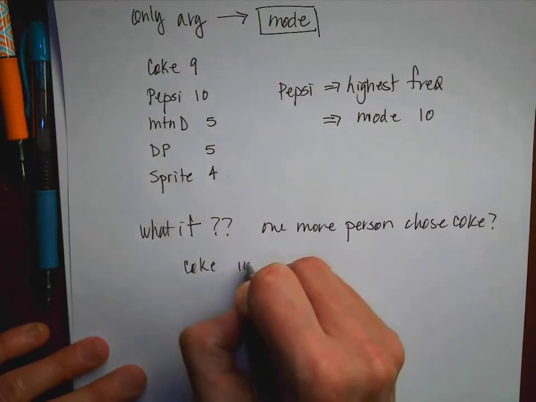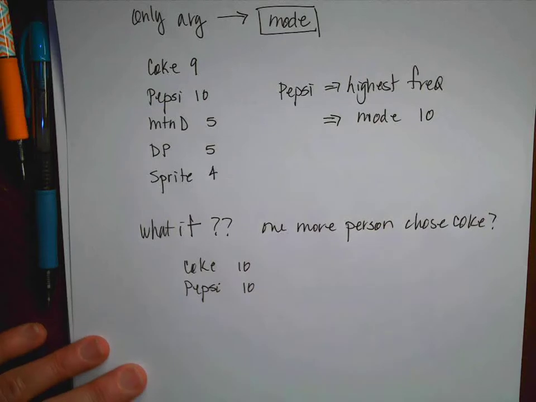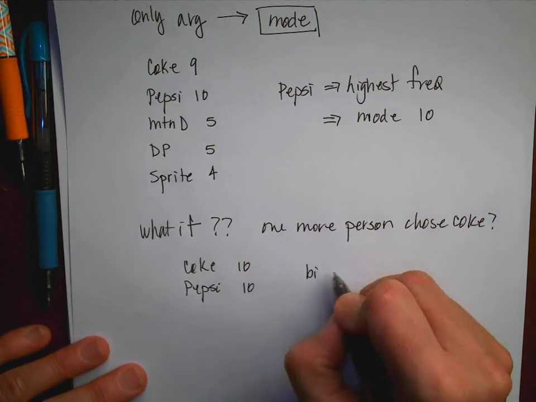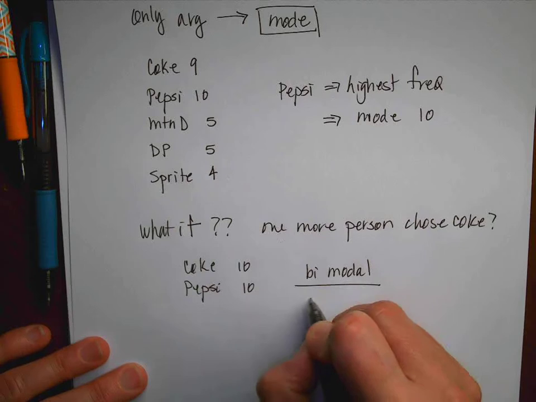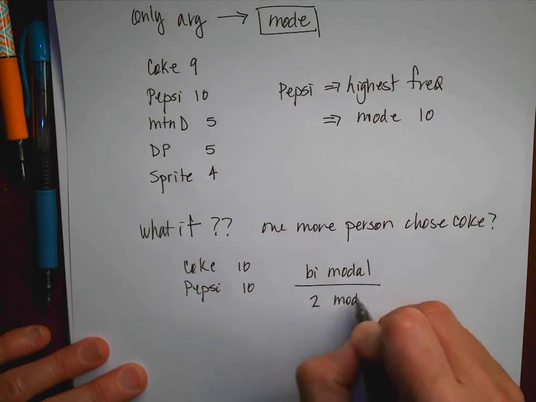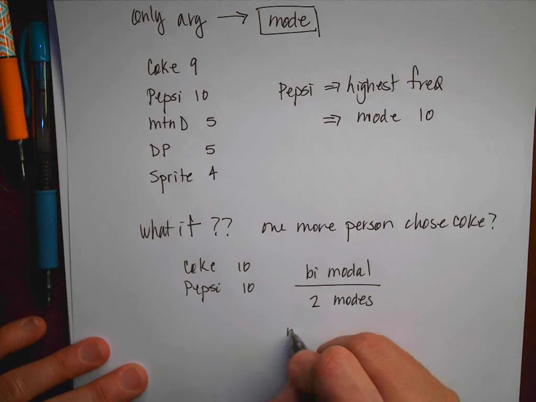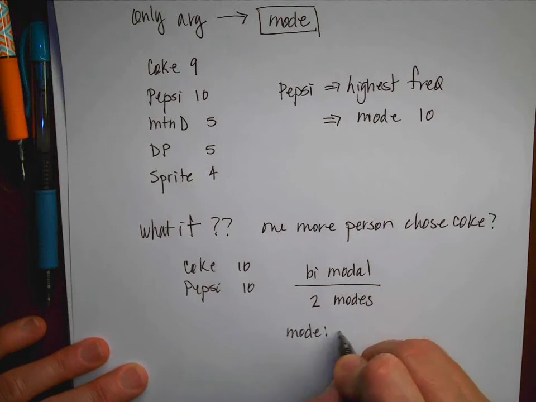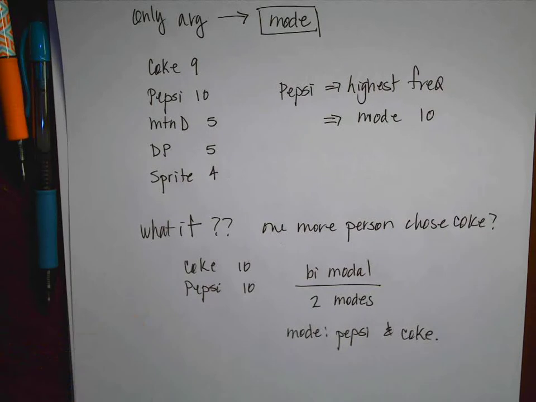Well, then that means if we look at our data, that means that we would have had 10 people choosing Coke, and then Pepsi would have 10 people. And so this is a unique situation called bimodal, which just means that there are 2 modes. And so when we would record our information, we would say that the mode is both Pepsi and Coke.